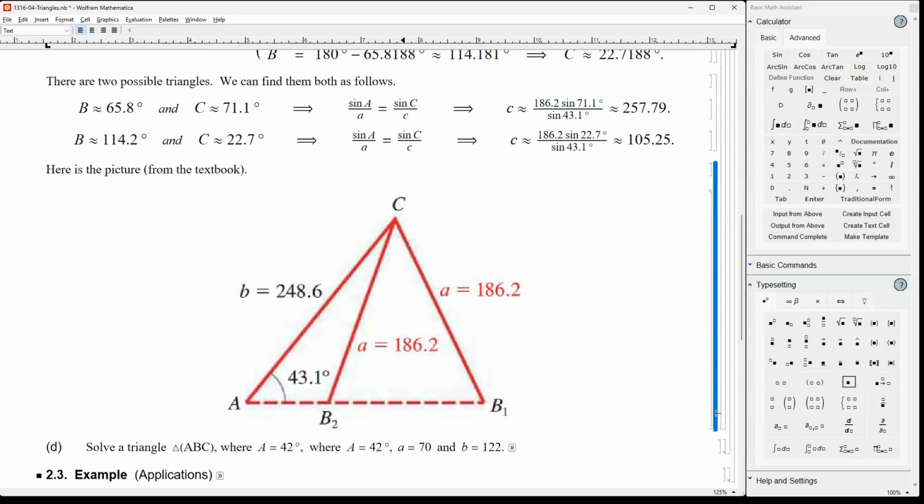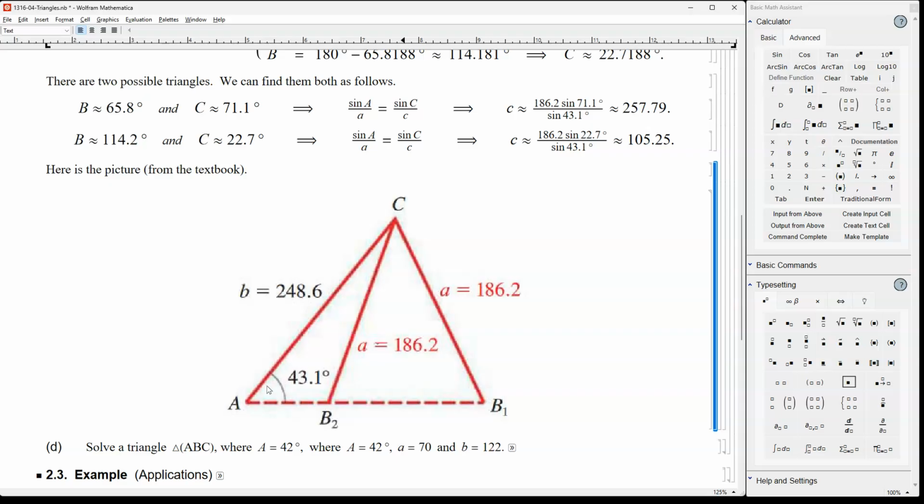And from the textbook, we have two pictures here. I just copied and pasted. And A is 186.2, 186.2. This is 43.1. So we have either A, B1C, this acute triangle, or A, B2C, this obtuse triangle.